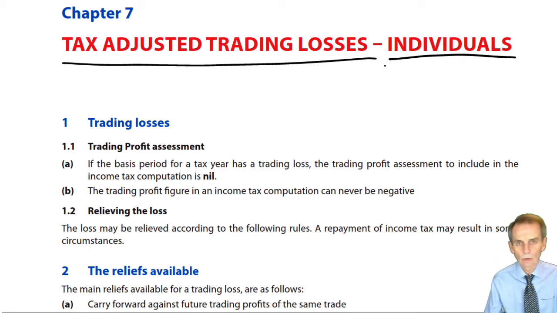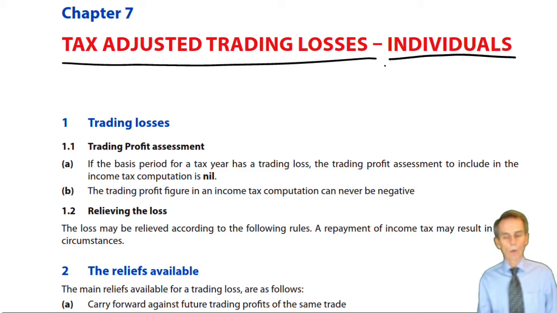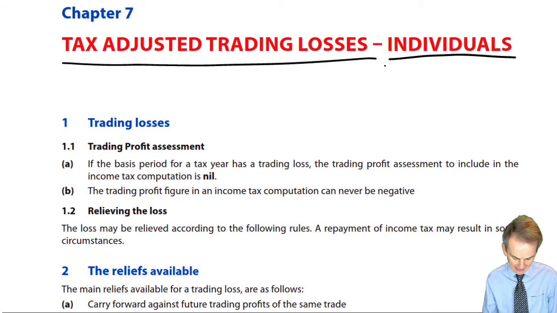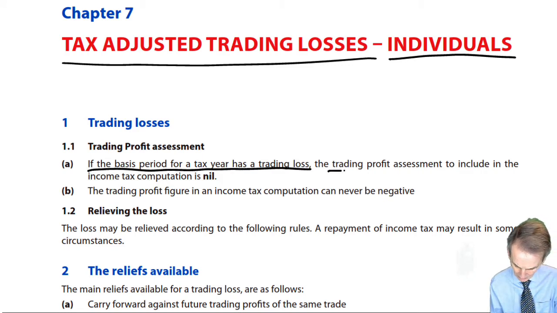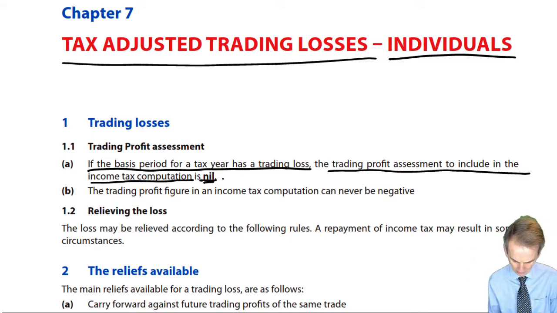Now, first of all, again, we need to know if we have a loss underpinning the basis period and the basis of assessment for the tax year, then what do we include on the income tax computation? Well, if the basis period for a tax year has a trading loss, then very simply, the trading profit assessment to include in the income tax computation is nil.